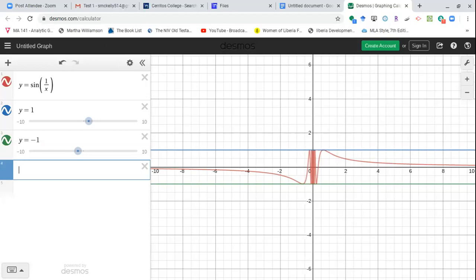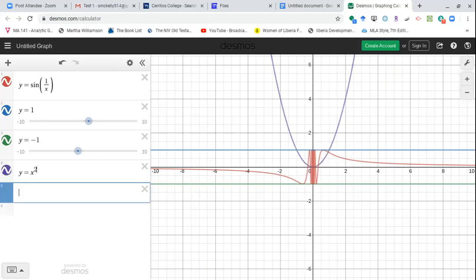And so now remember, the squeeze theorem says that if I have y equals x squared, let me put x squared in here. There's x squared, the blue line, right? And if I have y equals -x squared, then it's going to be flipped upside down.